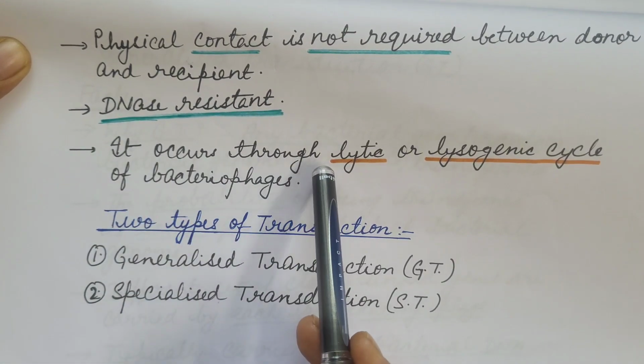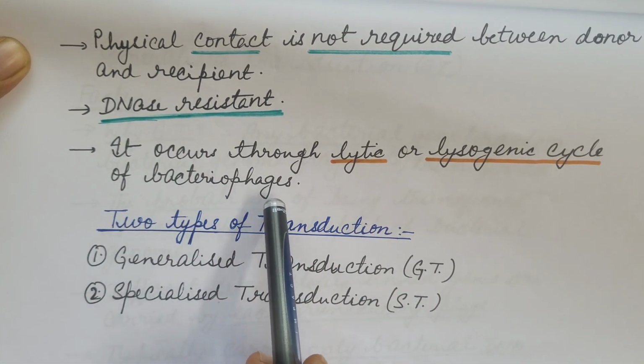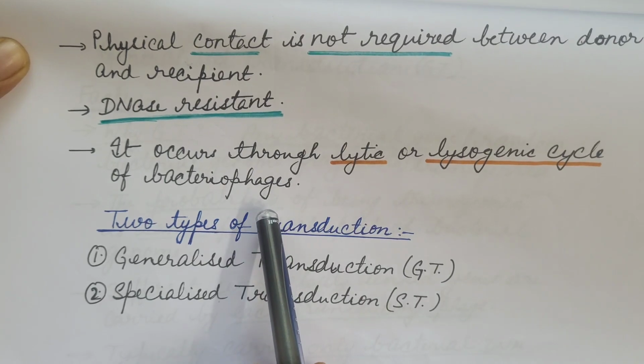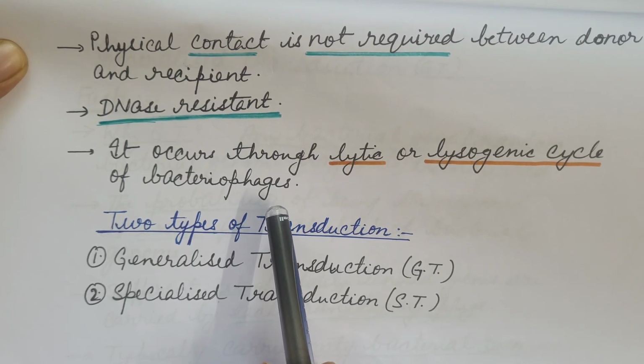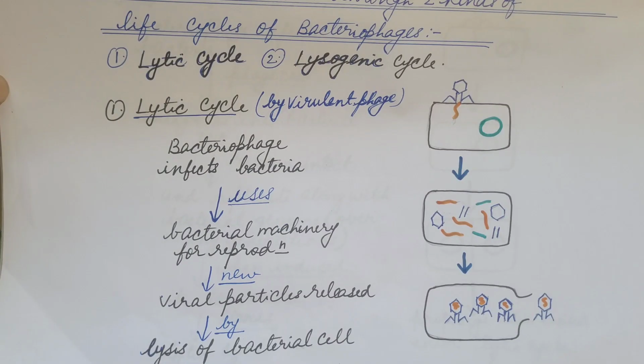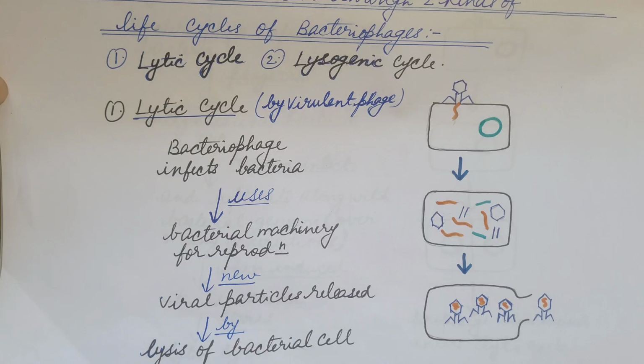It occurs through the lytic or lysogenic cycle of bacteriophages. This we have already discussed in the transduction video related to the NEET exam. You can refer to my video, the link is given in the description box. In this video, we will discuss the lytic and lysogenic cycle in brief.